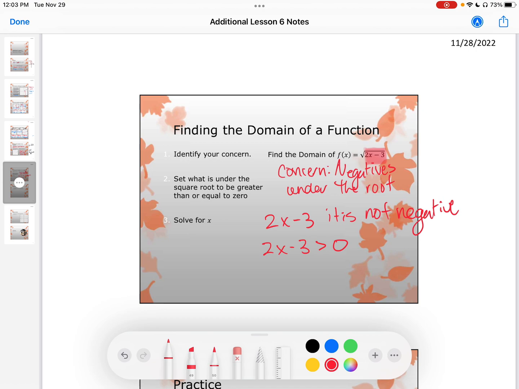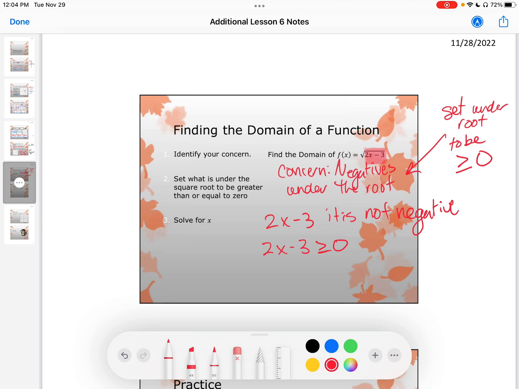What else do I need besides just that it's greater than 0? Could it equal 0? Yes, 0 is also not a negative number. So basically, when you have this concern that you have negatives underneath the root, you must set what is under the root to be greater than or equal to 0.